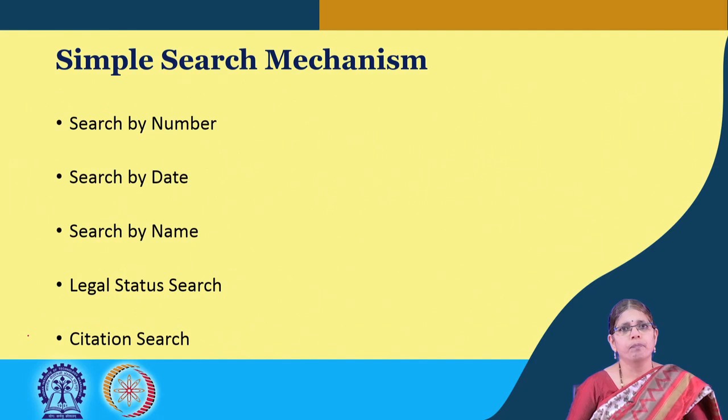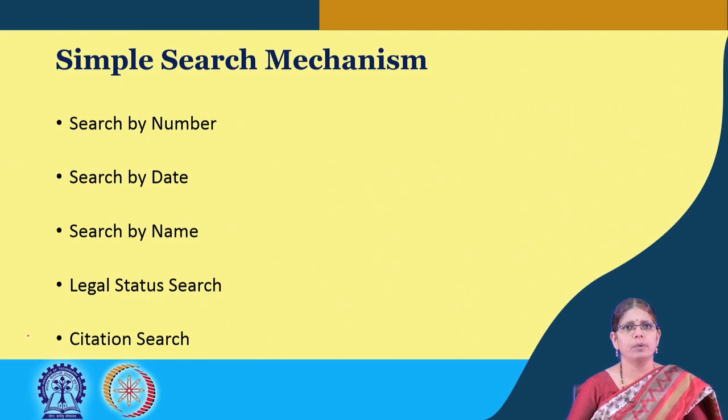Moving on, usually as a searcher and as a beginner, one would undertake what we call the simple search mechanism, and simple search is all about searching for information which is very basic.